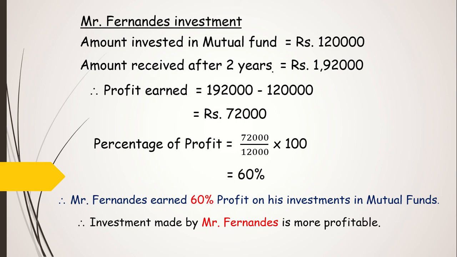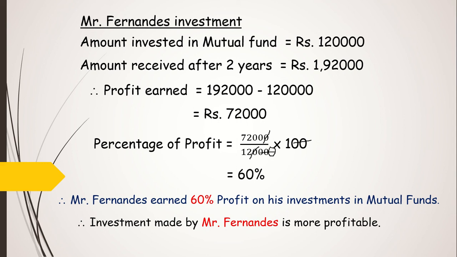Amount received after 2 years was 1,92,000. So therefore the profit earned was rupees 72,000, and therefore percentage of profit is, how do we get it? Just cancel the zeros. There are 4 zeros actually.